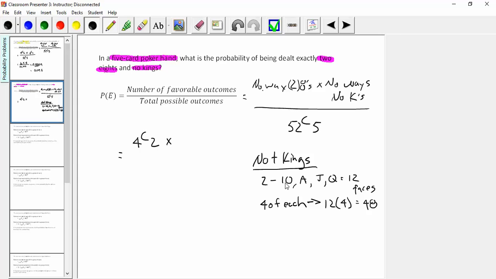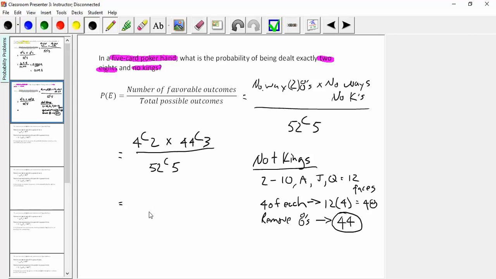So we need to remove the 8s from our group, and there's 4 of them. And so we don't have 48 cards. We have 44 non-king cards to choose from. All right, so again, it's a combination. We've got 44 and we're choosing 3 of them. And again, we've got this 52 combo 5.